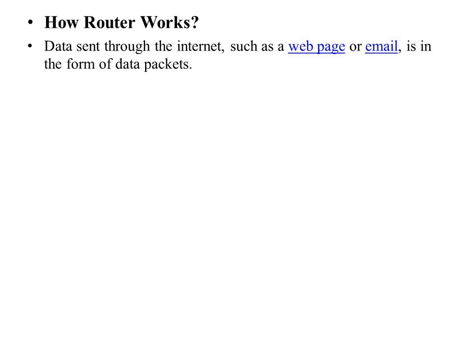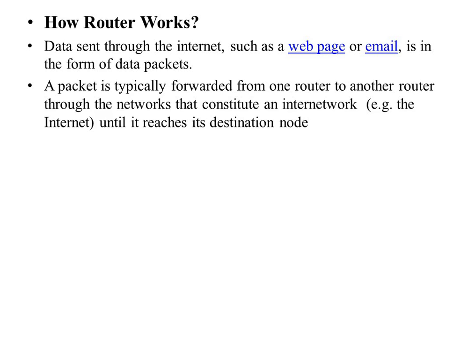From the application layer, segmented data is formed into packets, packets are formed into frames, and the frames into 1s and 0s, and this data is sent. But at the network layer it is in the form of packets. These packets are typically forwarded from one router to another router through the networks that constitute the internetwork.